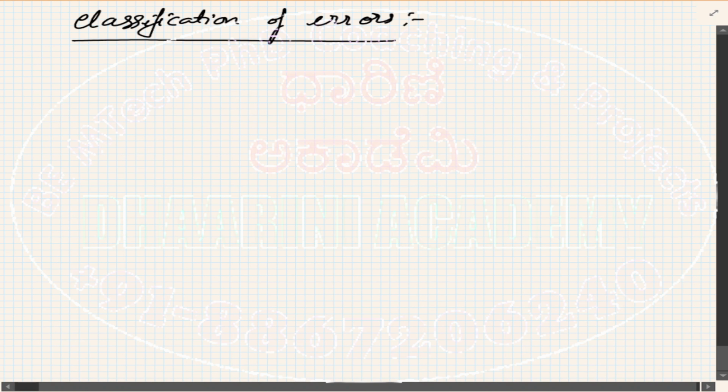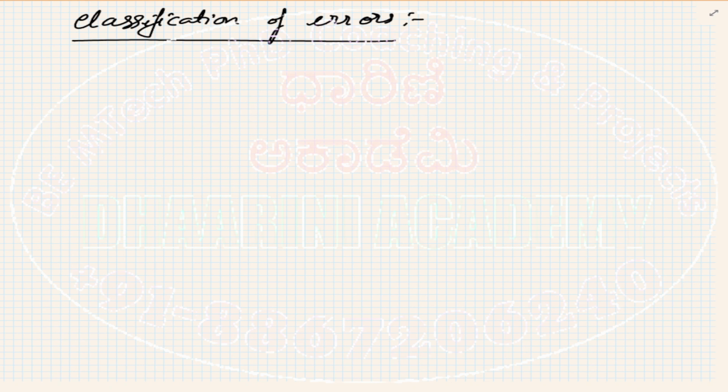First, based on the cause of error, we have systematic errors and random errors. And we have another type of classification based on the magnitude of errors. We call them absolute error, mean error, relative error, etc.